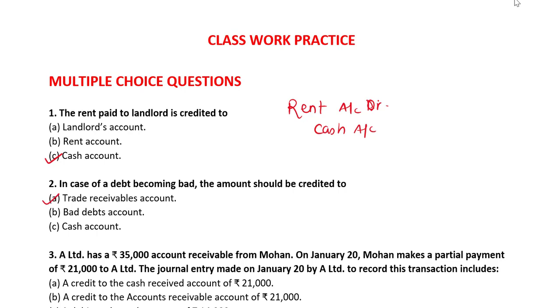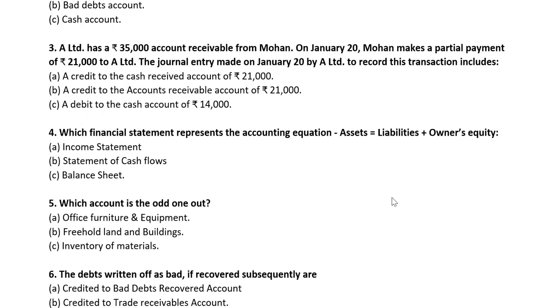Let's move to the third question. A Limited has a 35,000 account receivable from Mohan. On January 20, Mohan makes a partial payment of 21,000. So out of 35,000, Mohan had paid 21,000 to A Limited.